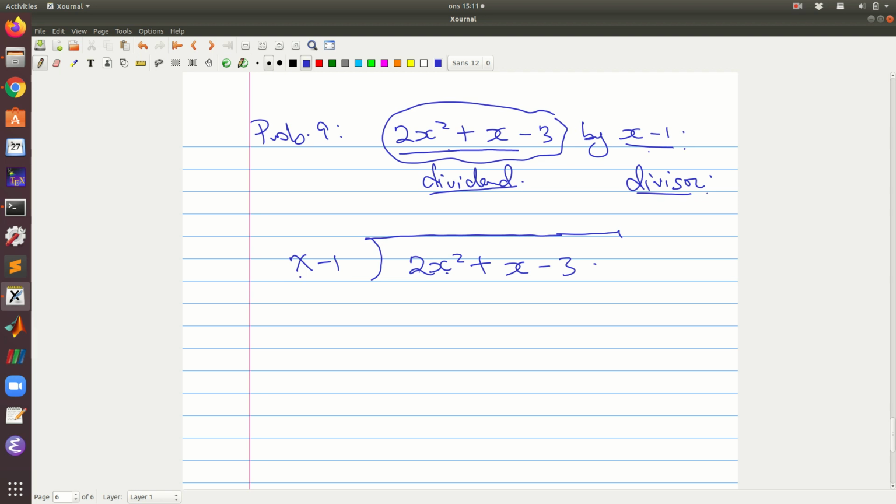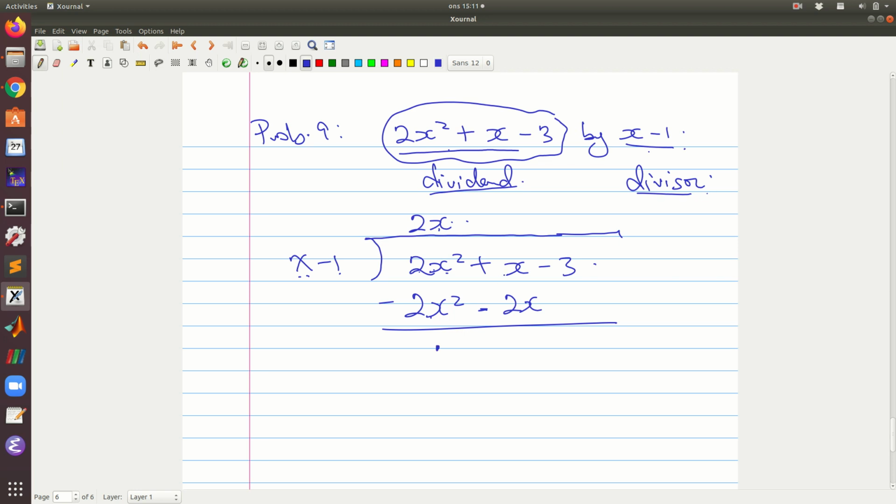2x squared divided by x to get 2x, and then we get 2x multiplied by x, which is 2x squared, and then again 2x multiplied by -1, which gives us minus 2x. Then we subtract. Of course, this minus that is 0.